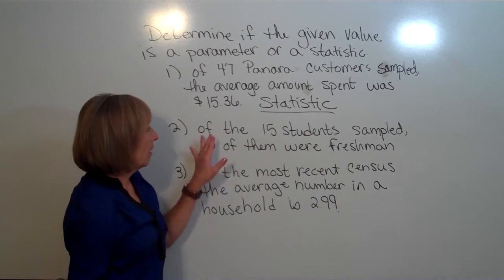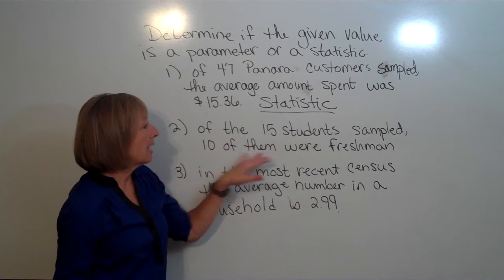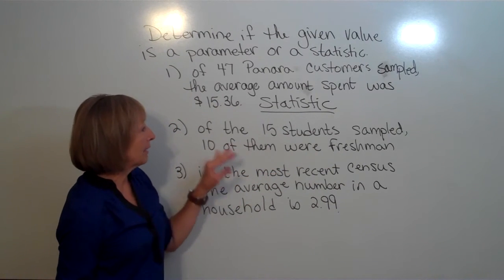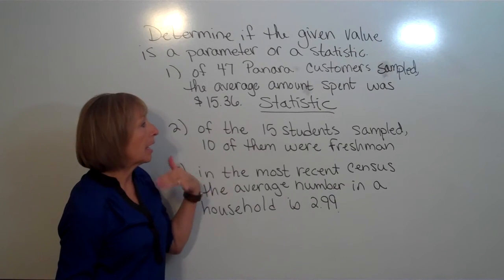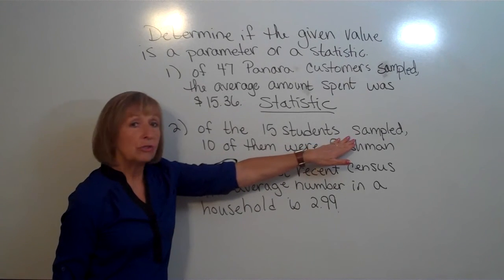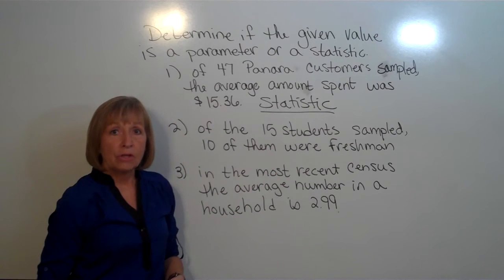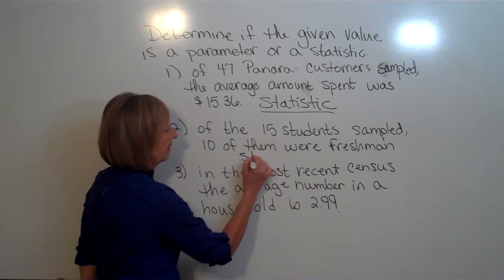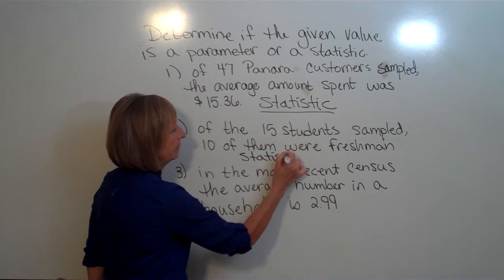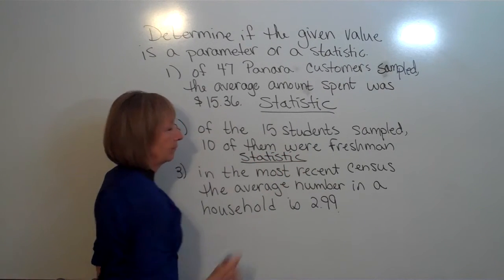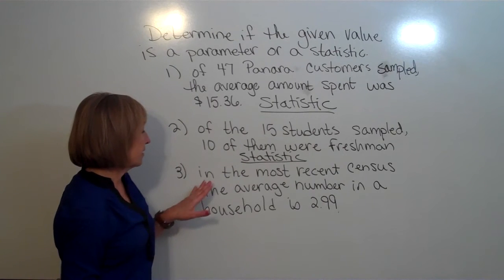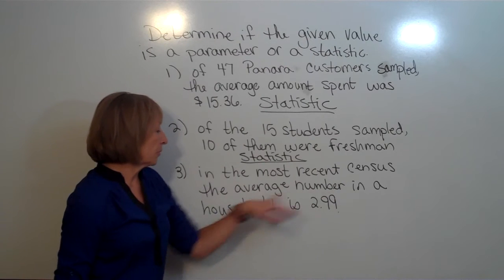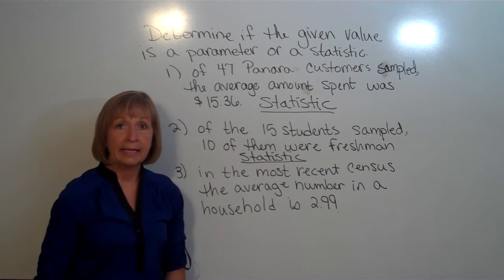The next one, of the 15 students sampled, 10 of them were freshmen. So here, again, I am giving a numerical summary about the 15 students that were sampled. So again, it is about a sample, so it is a statistic. The third part of this is, in the most recent census, the average number in a household is 2.99.